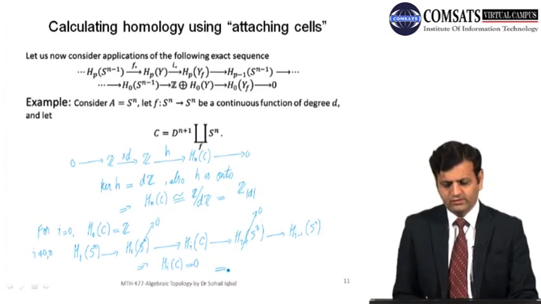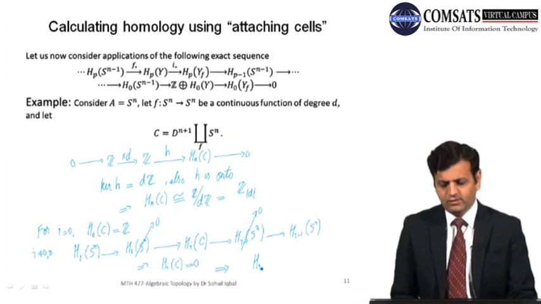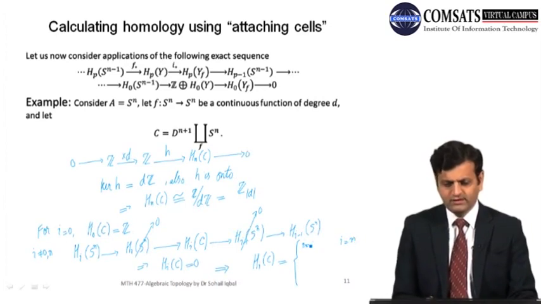So we have calculated the homology of this space C obtained by attaching an n plus 1 disk to this sphere Sn. Okay, so the homology of this space C, using only the theorem, is basically equal to Zd when i is equal to n.